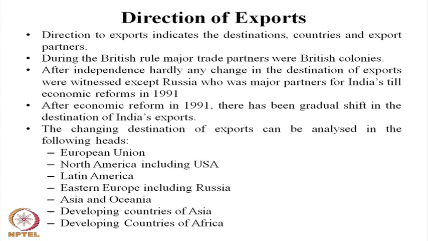We should also take into account the developing countries of Asia and the developing countries of Africa. These are the different zones we will discuss, to see whether our export direction or partners have changed over the years, whether there is a shift in the pattern of the direction of the export sector.